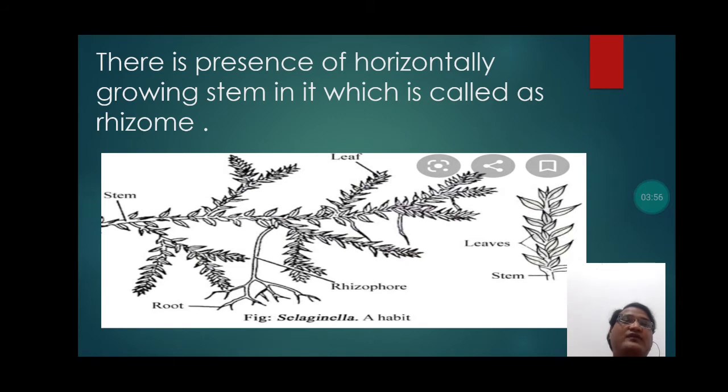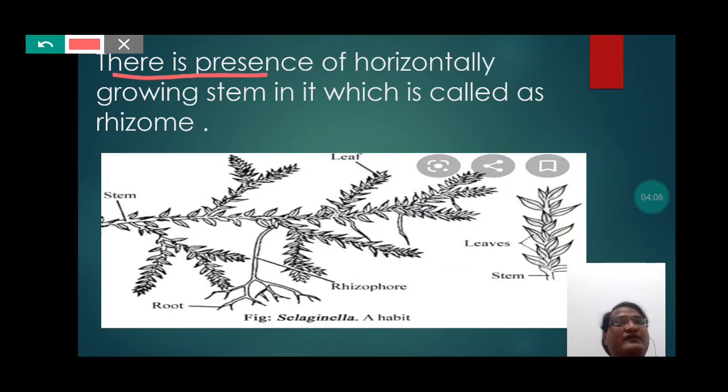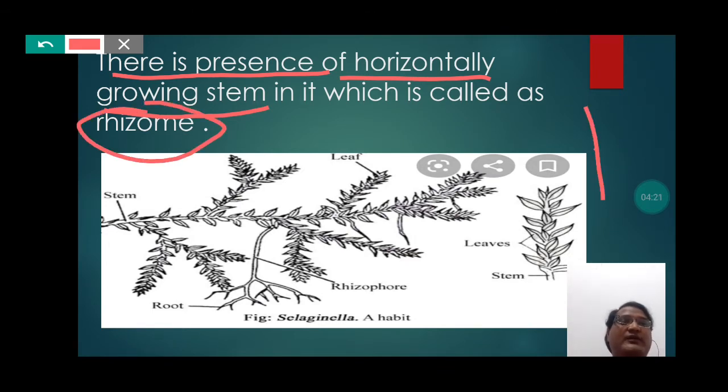There is presence of a horizontally growing stem in it, which is called rhizome. So students, there is a specific type of stem which grows horizontally, and this is why it is called rhizome. We generally know that a plant stem grows vertically.